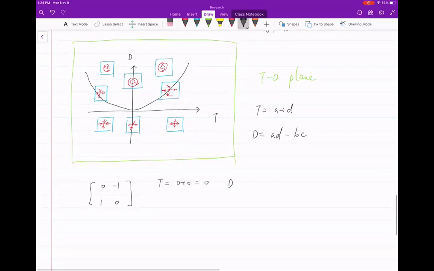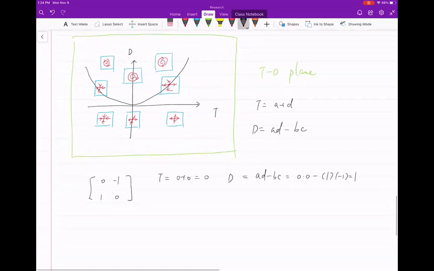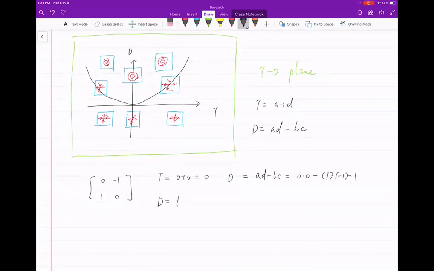Your D is AD minus BC, which is 0 times 0 minus 1 times -1, which is positive 1. D is 1. T squared over 4 is 0. So D is bigger than T squared over 4.